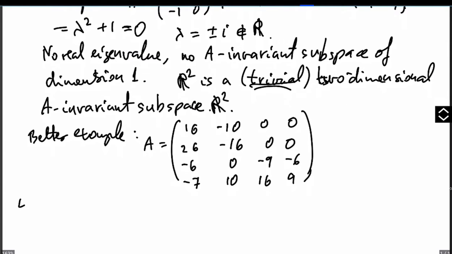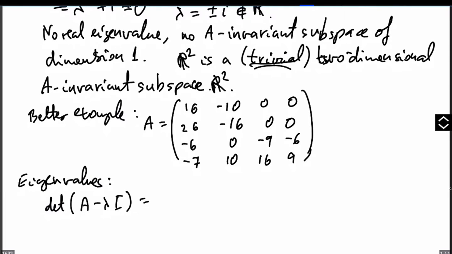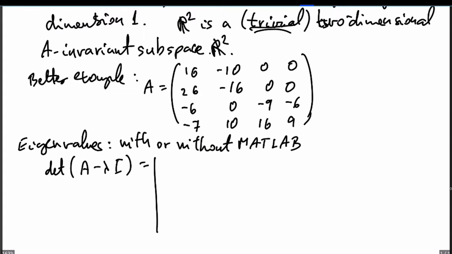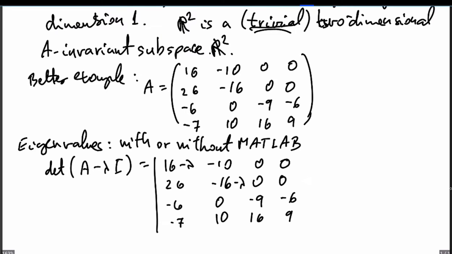To calculate the eigenvalues, we have to look at the determinant of A minus lambda I. Of course, you are welcome to use MATLAB, but this can still be done without MATLAB. So we subtract lambda from the diagonals. This is a lot of simple calculations with a lot of places to make mistakes.